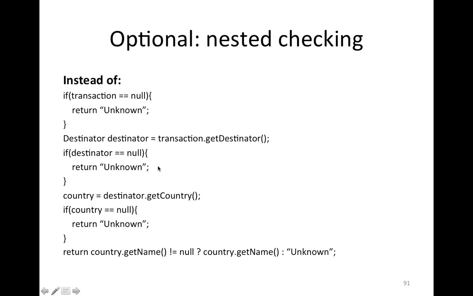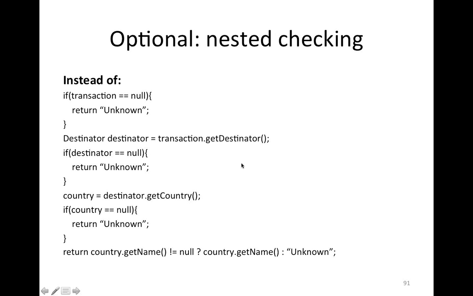And if destinator is null, then we need to return a default value as well, unknown. Now we can extract the country from the destinator, but we need to check if the country is null as well. So we return a default value if it's null. Finally, we'd like to return the name of this country, but we also need to check if that's null. If it's not, then we return the name, otherwise we return null.